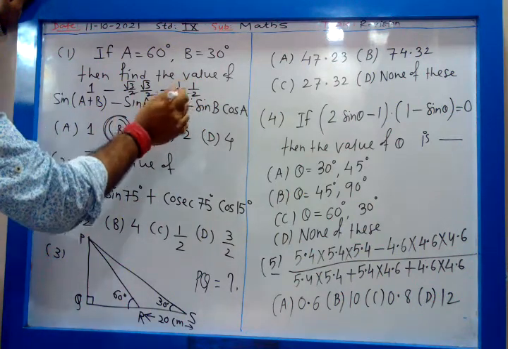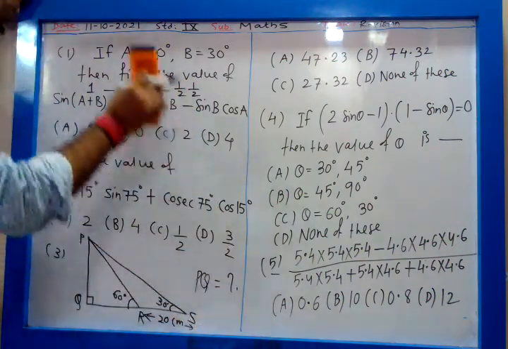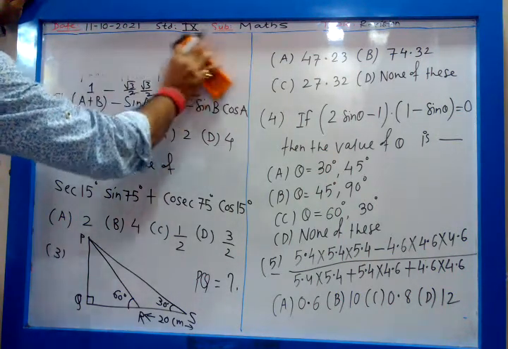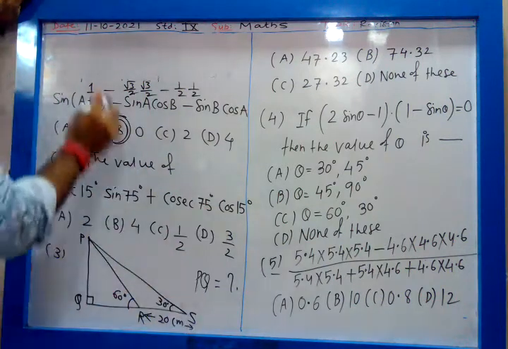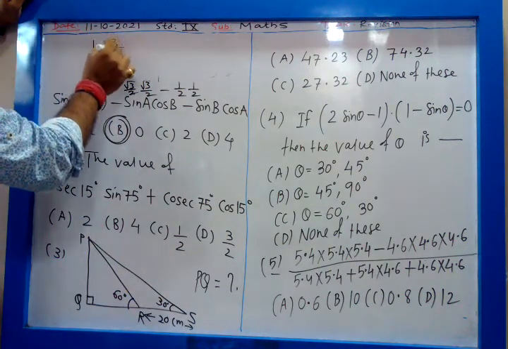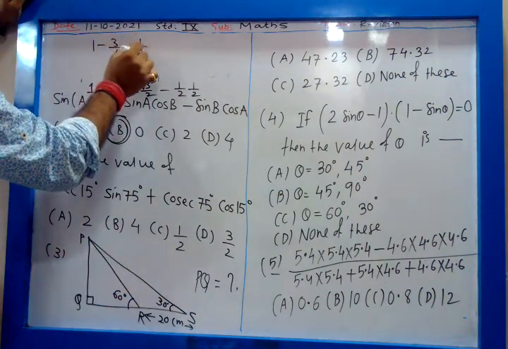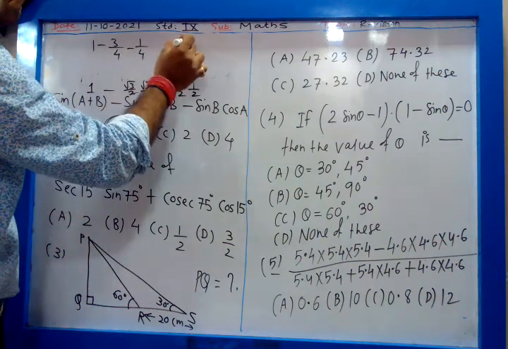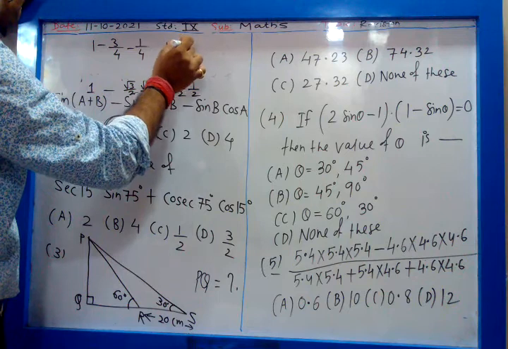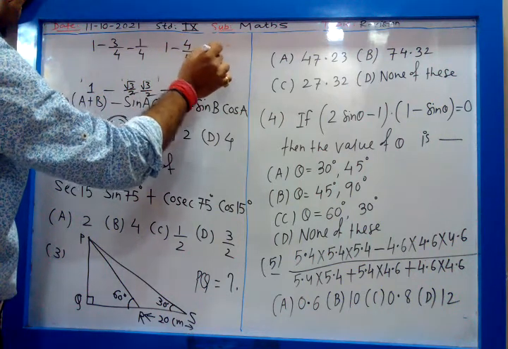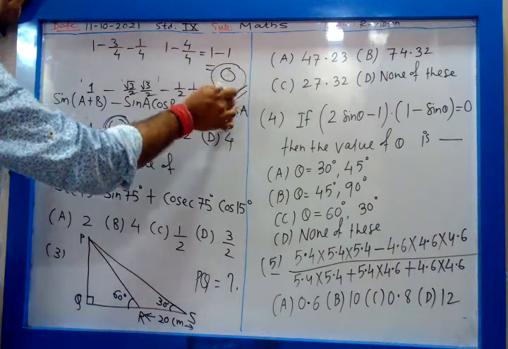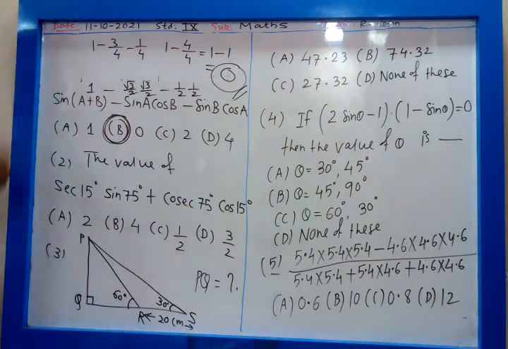So this will be 1 minus 3 by 4 minus 1 by 4. 1 minus 3 by 4 minus 1 by 4 is 1 minus 4 by 4, which is 1 minus 1, that is 0. The answer is 0. So option number B is the correct option.